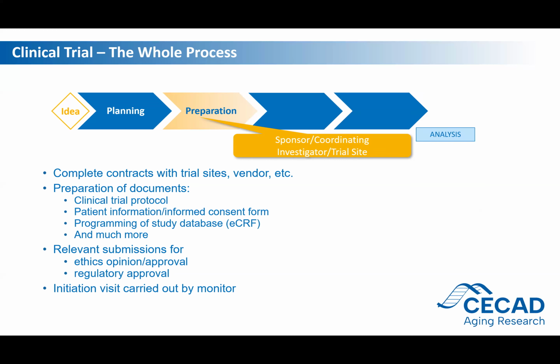And very important is that a lot of those documents and strategies that you are planning have to go to ethics or regulatory authorities. So a very important step during the preparation of your study, once you have set out everything you want to do, is applying for an ethics opinion or approval and for the regulatory authority approval.